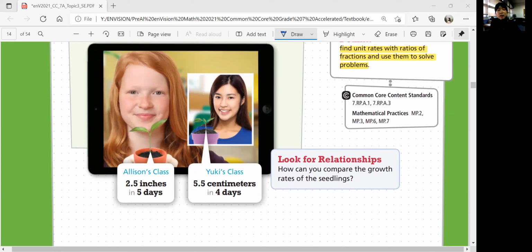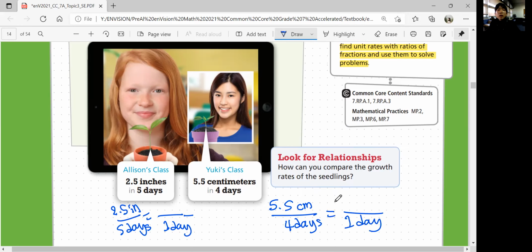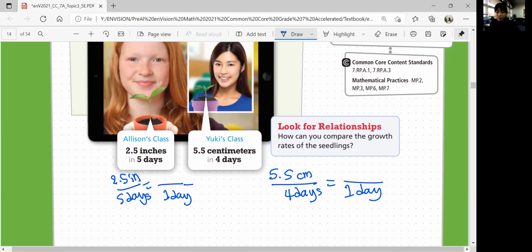So for Allison's class, you have 2.5 inches in 5 days. What is this in 1 day? How many inches? And Yuki's class, 5.5 centimeters in 4 days. What is this in 1 day? How many centimeters do they grow in 1 day, right?